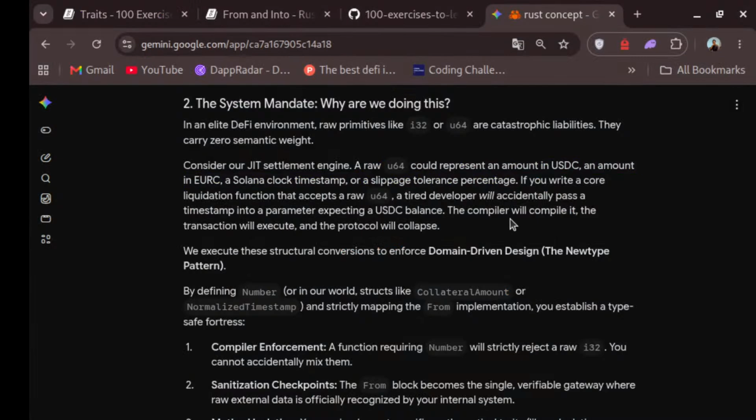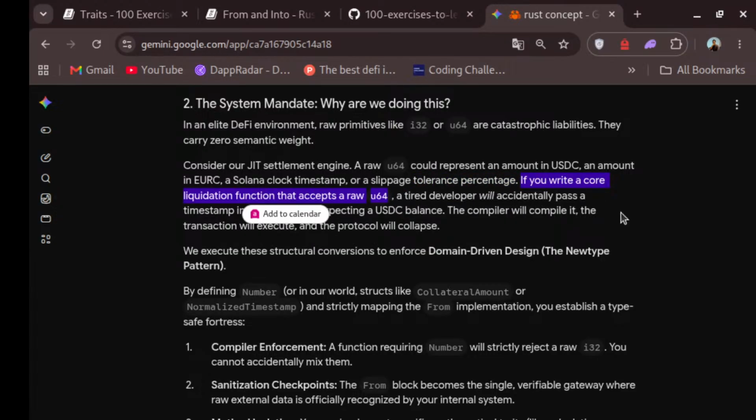So if you write a core liquidation function that accepts a raw u64, a tired developer, here is the main core concept.